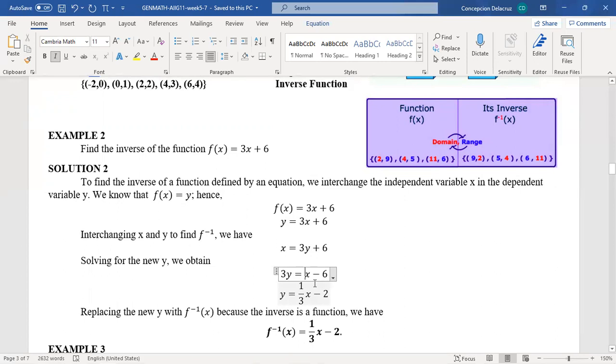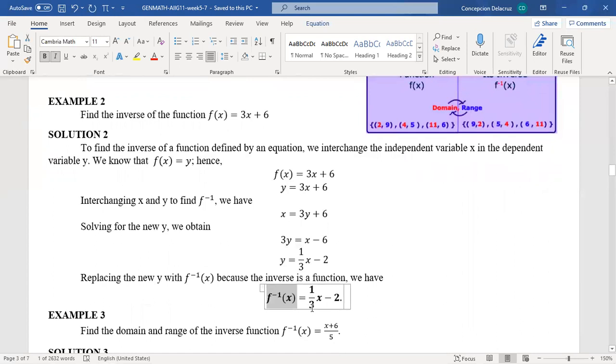So x becomes 1/3 x, minus 6 divided by 3, which becomes negative 2. So the answer is f inverse of x is equal to 1/3 x minus 2.